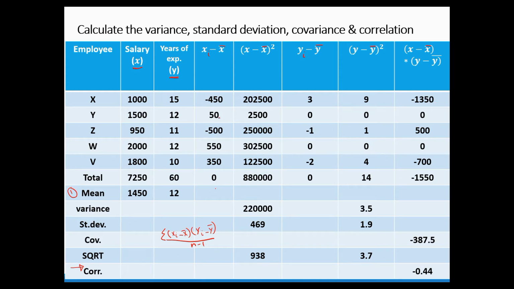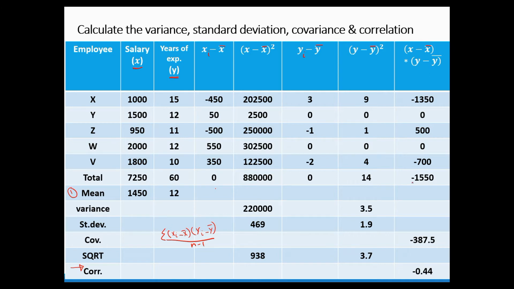Then for the second observation, we multiply 50 by 0. In this case, we get 0. Then we multiply negative 500 by negative 1 to get 500. 550 by 0 to get 0. And at the end, 350 by negative 2 to get negative 700.